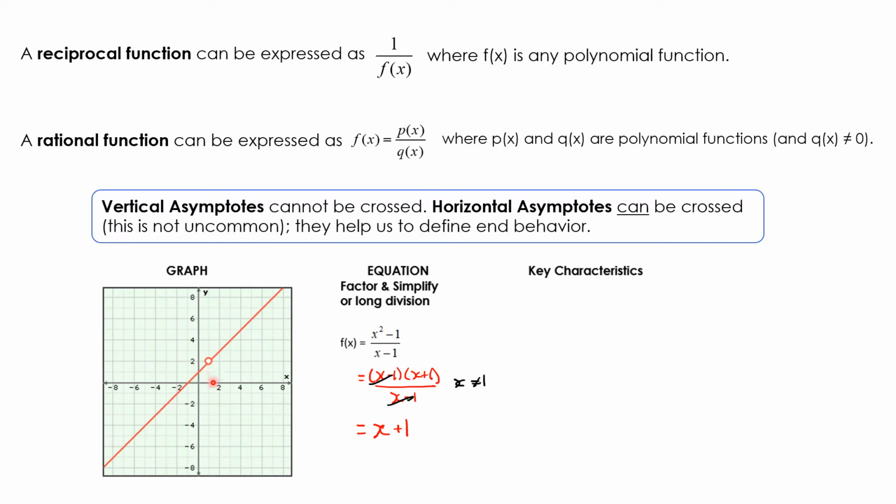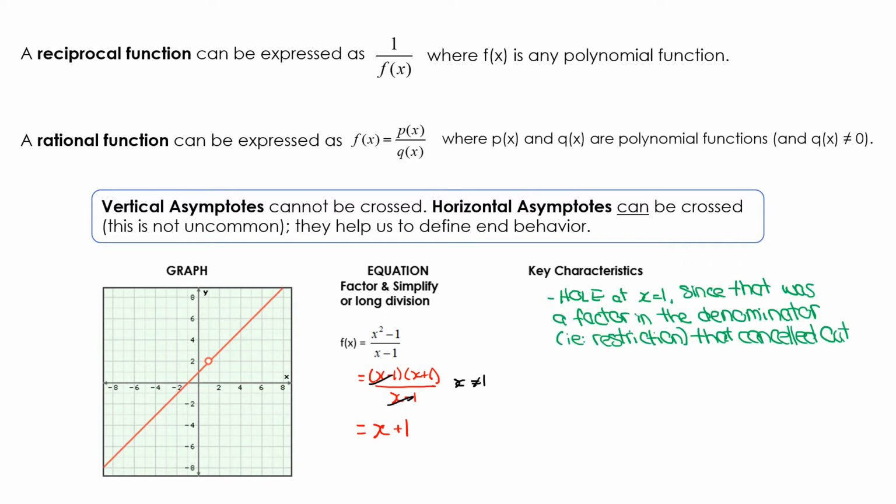A hole occurs when a factor that was a restriction cancels out in the denominator. So I'm going to write that over there under the key characteristics. We have a hole at x equals 1 since that factor canceled out.